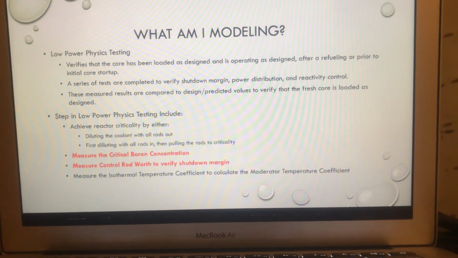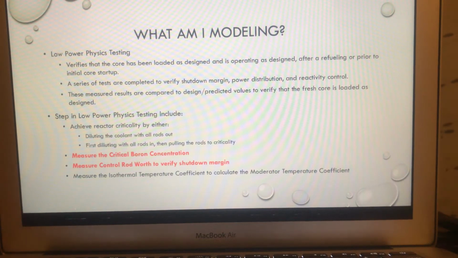And then when you get that bank the whole way in and you are still just critical, you can measure how much water you diluted into the core, and that amount of water is equal to the worth of that rod, and you can convert that amount of water to a reactivity value. That's generally the closest that my model was modeling.